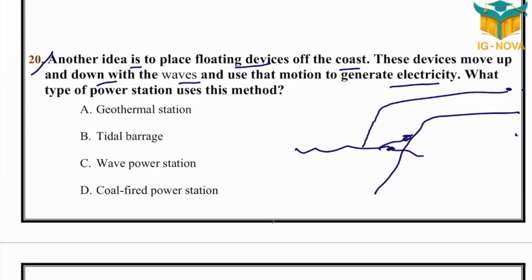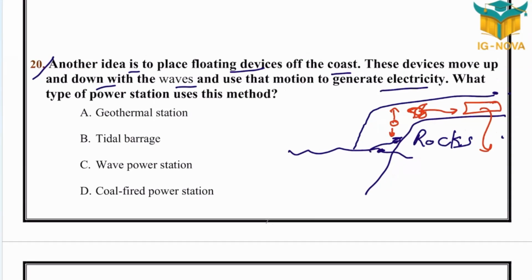When they enter, they hit the rocks very hard. Then what's happening? They make an air column here. This air moves up and down, connected to a turbine, and the turbine is spinning, connected to a generator to generate electricity. So it's a wave power station.